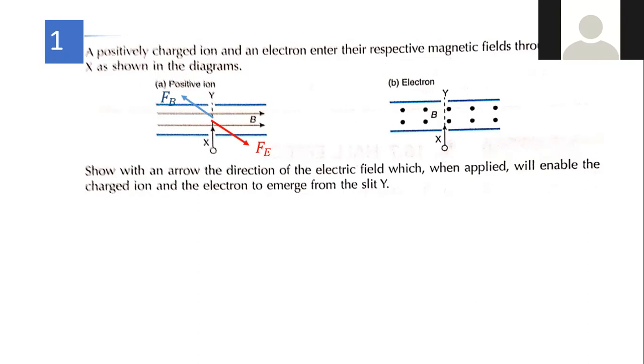Where's the magnetic force for B? Okay, the magnetic field is coming out. Current is going down.